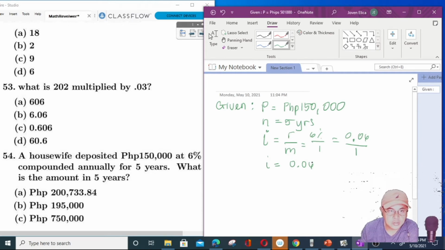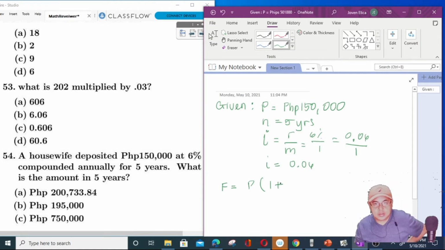So what will be our formula? F is equal to P multiplied by 1 plus I. Since this is annually, we can also write I as equal to the 6%.